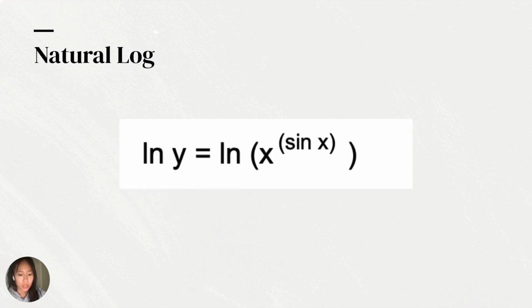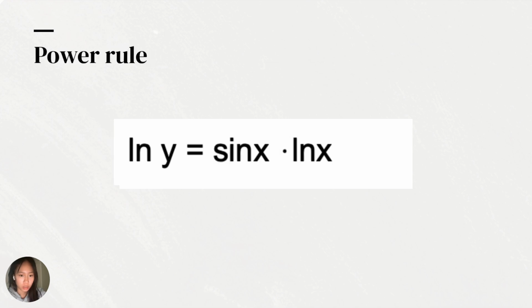This is what it should look like, but of course, naturally, the sine x is going to come down. We're also going to implicitly differentiate this equation, so the y will be in there, and that's why we're going to find dy/dx implicitly.